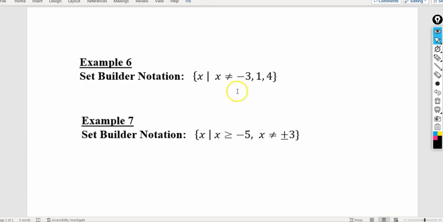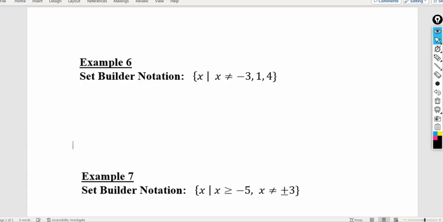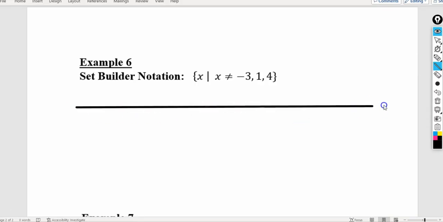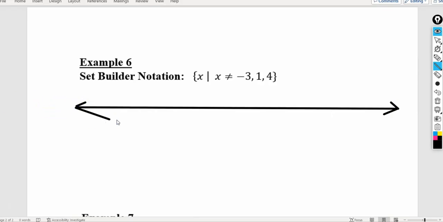This is much the same thing. This is saying X can be any number as long as it's not -3, it's not 1, and it's not 4.